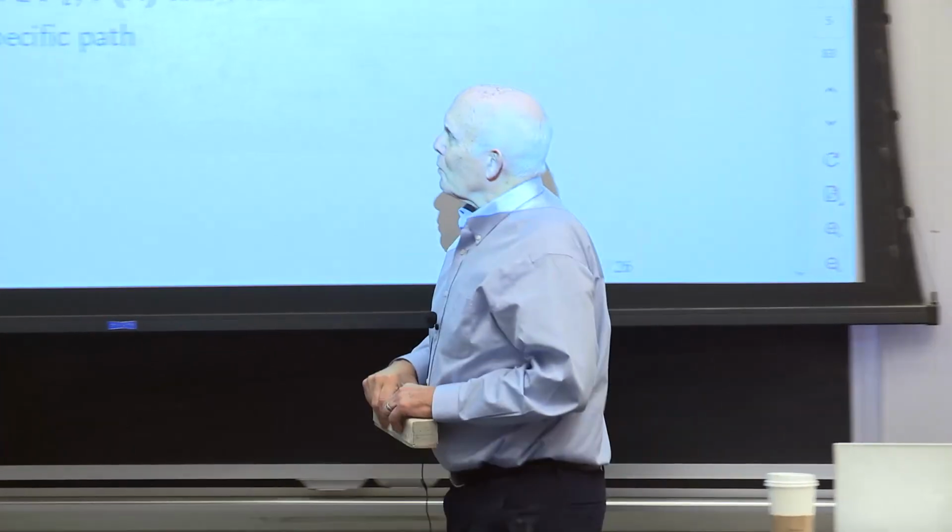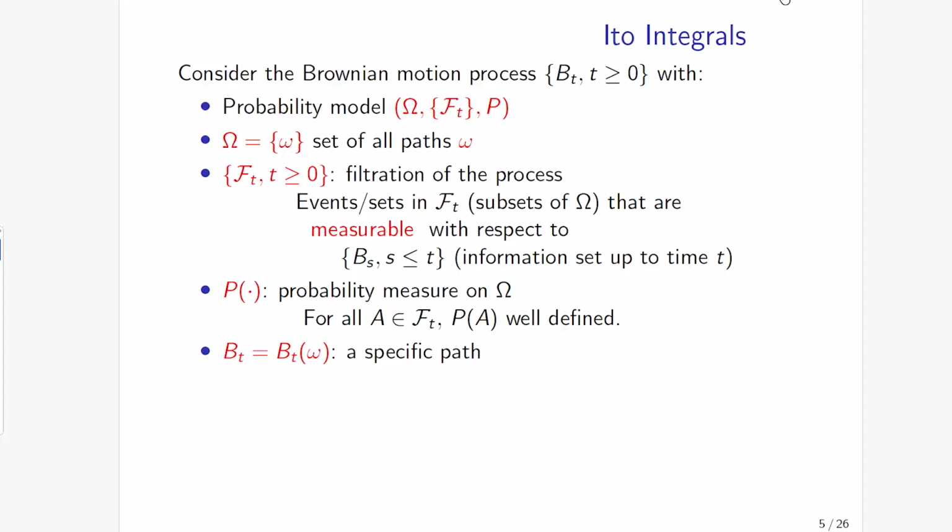Now, we'll want to refer to the value of the Brownian motion at time t, and it's important to know that often this notation B_t is implicitly the value of a specific path. So to emphasize that, we'll indicate that it's the Brownian motion path indexed by little omega.